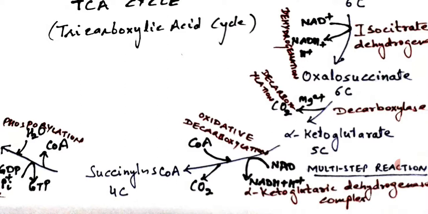That is, one hydrogen is removed, carried away by NAD, the hydrogen carrier, which forms NADH and enters the ETC. A CoA is added and carbon dioxide is removed. So this is decarboxylation, and also since hydrogen is removed, this is oxidative decarboxylation. And the enzyme which catalyzes this reaction is the alpha ketoglutarate dehydrogenase complex.